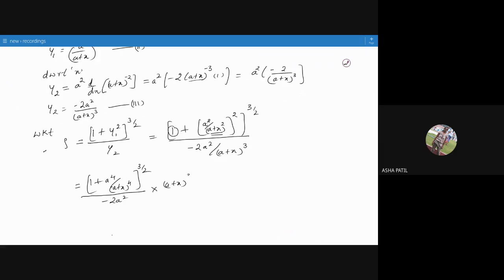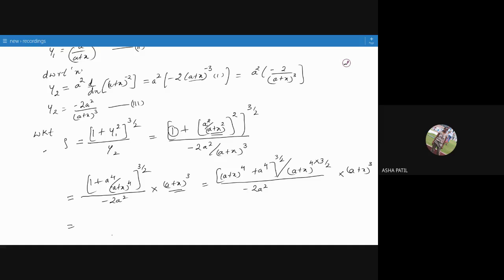Denominator of denominator, let us take it to the numerator. Now if we take LCM, we will get ((a + x)⁴ + a⁴) whole raised to 3/2 divided by the LCM term, (a + x)⁴, which should be again raised to 3/2, whole divided by −2a², and this term we keep as it is, that is (a + x) whole cube.